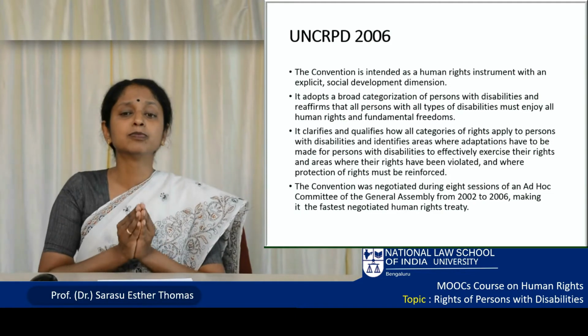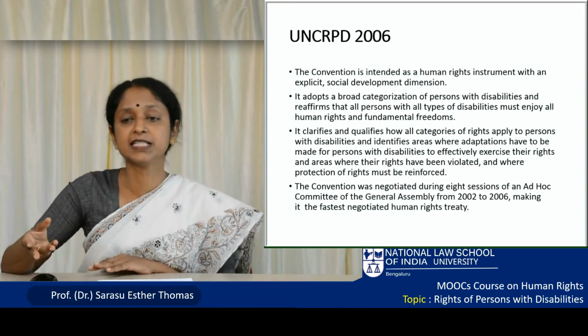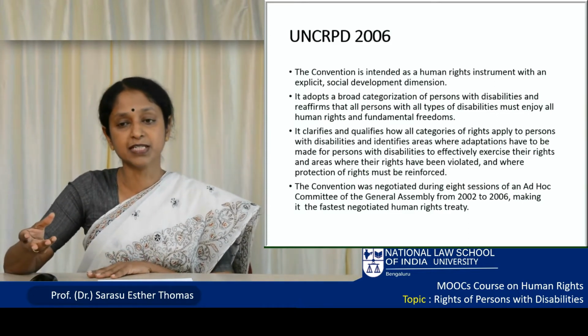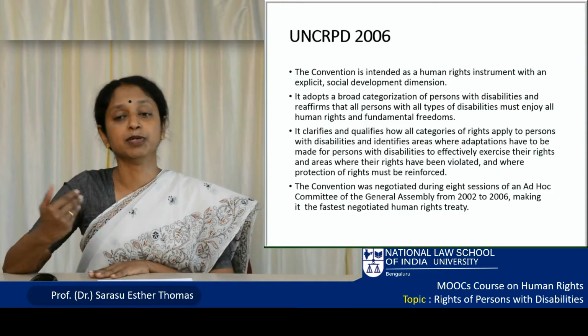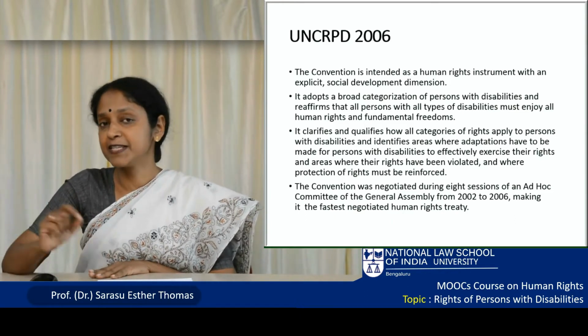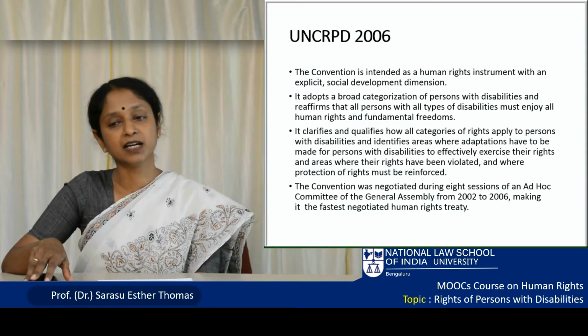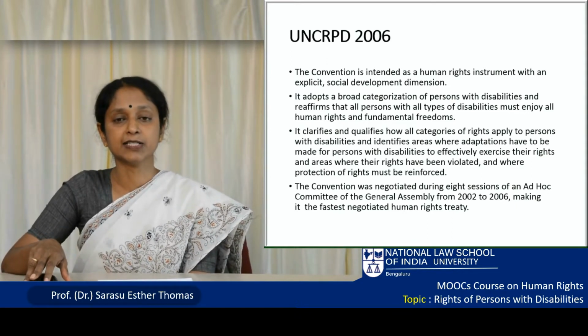It also qualifies how all categories of rights apply to persons with disabilities and identifies areas where reasonable accommodation has to be made and identifies specific areas which need to be targeted for effective exercise of human rights.